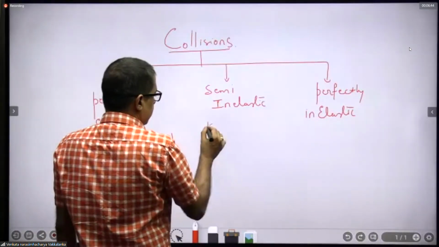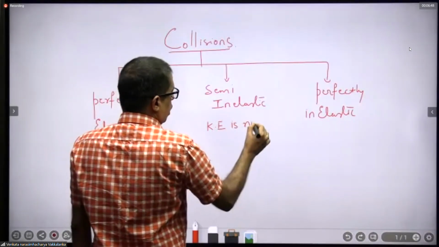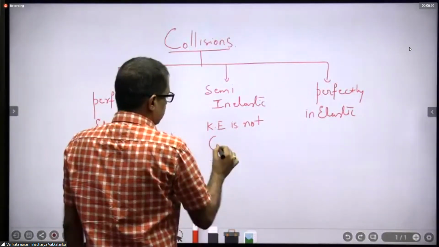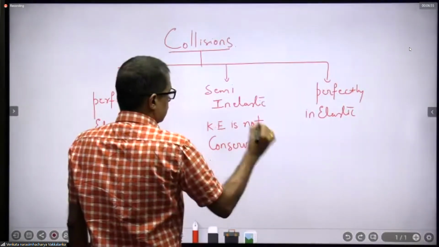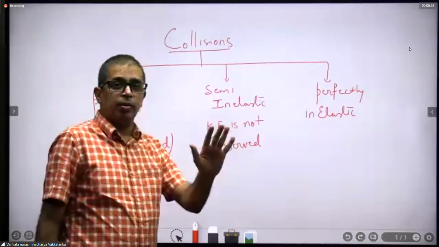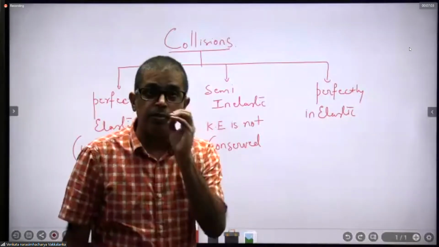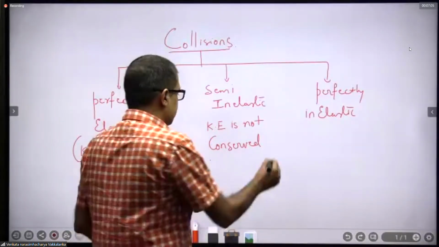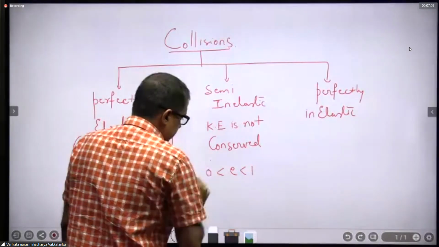In a semi-inelastic collision, kinetic energy is not conserved. Some amount of kinetic energy is lost. Mind my language, some amount of kinetic energy. e will be less than 1 and greater than 0.